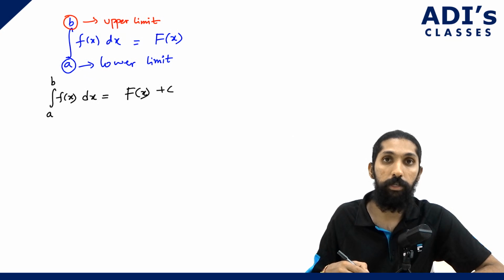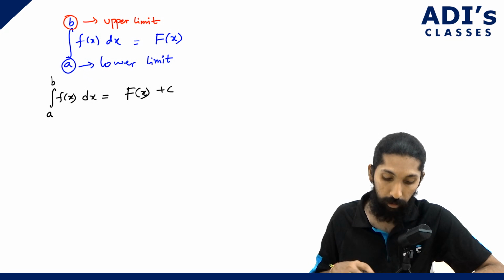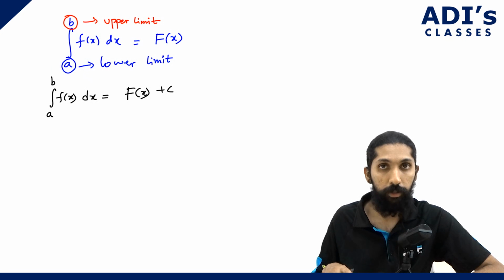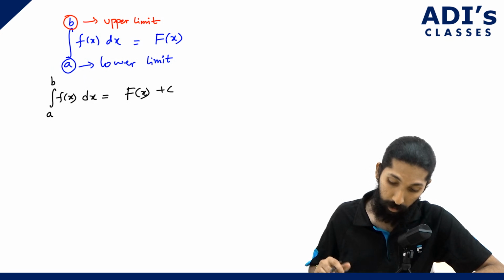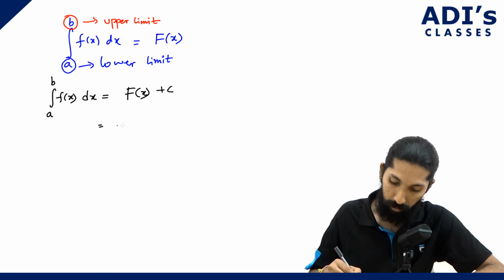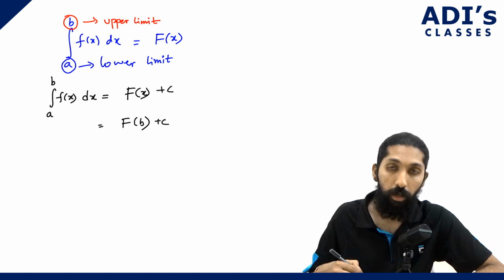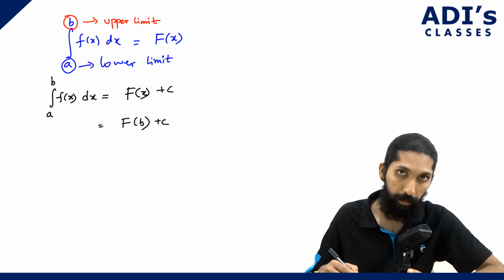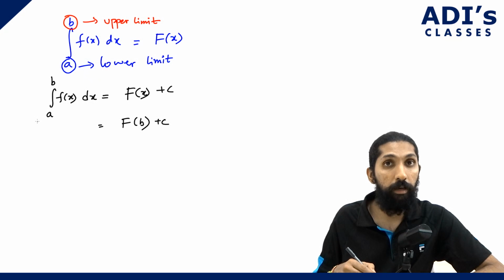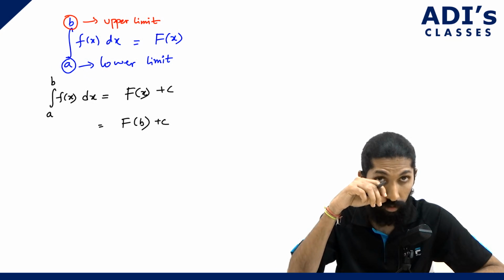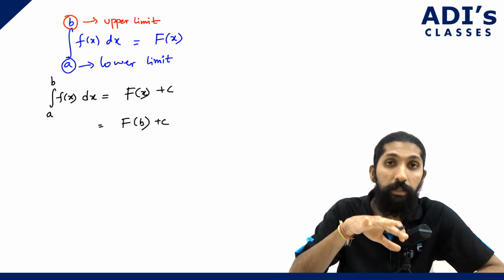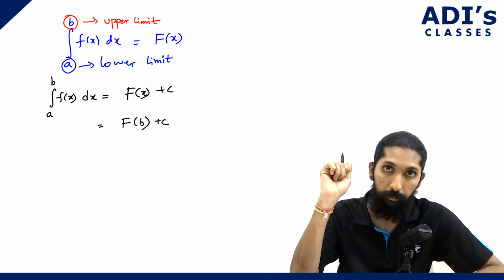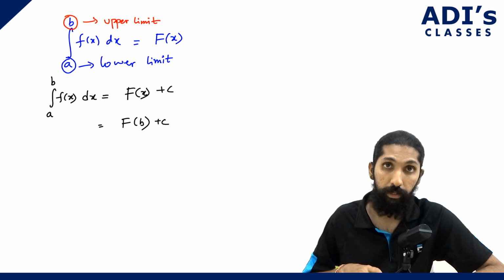First, we take the value of b and put it in the function, that means here F of b plus c, correct? Then what about the a value? That also we need to calculate. Since it is the lower limit, we subtract the lower limit from the upper limit. There is a reason behind it.